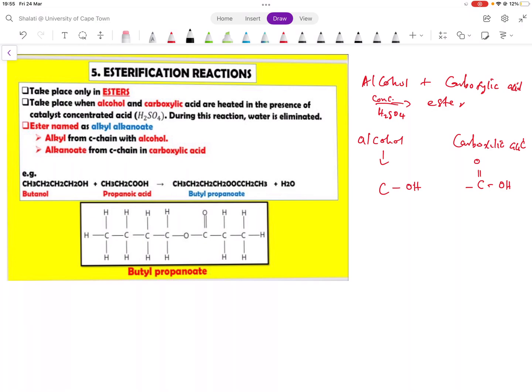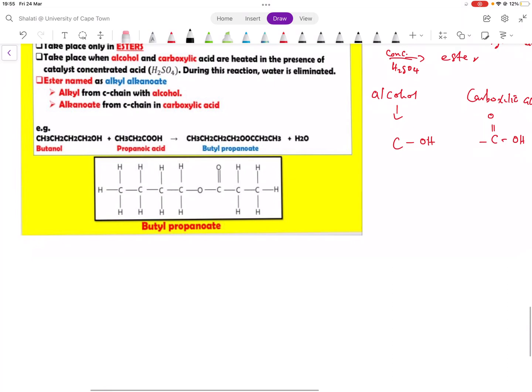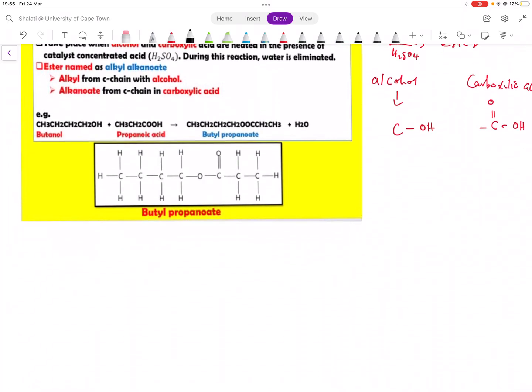And yeah, so let's see how the reaction takes place. You have an alcohol, for example, let's use propan-1-ol, and the carboxylic acid, let's use butanoic acid.